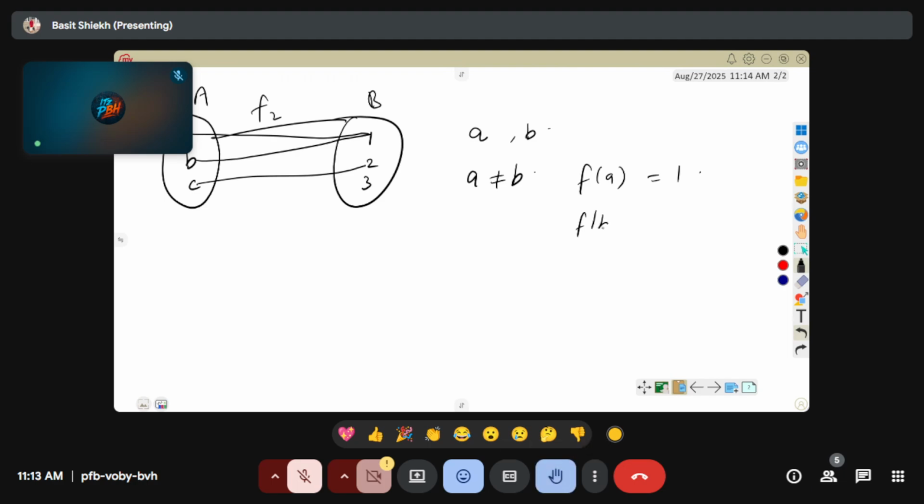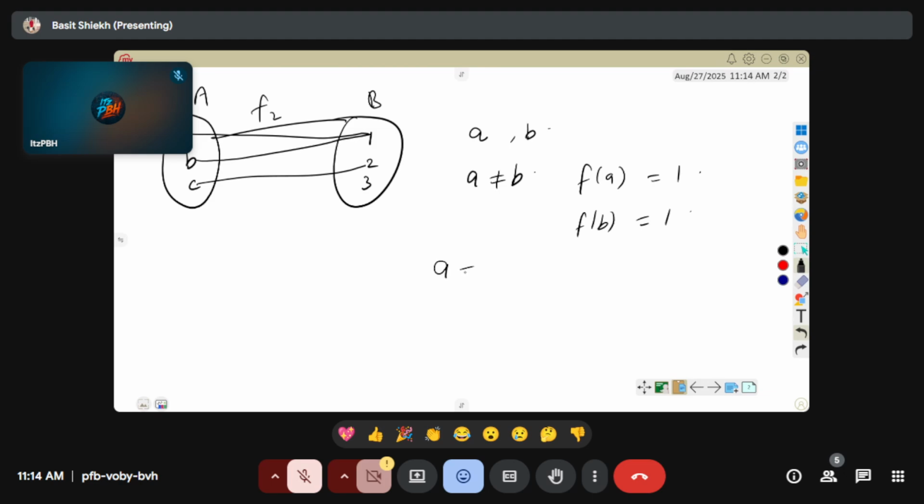What about f of b? f of a equals 1, f of b also equals 1.